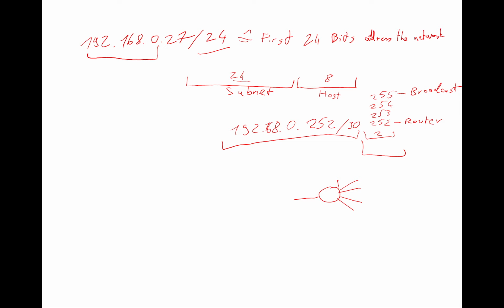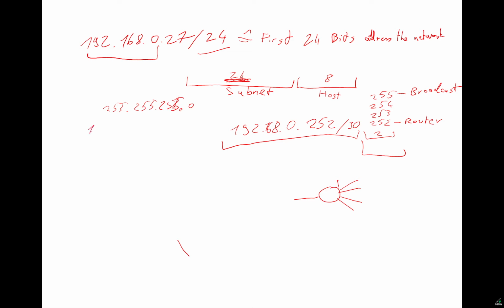Typically, IP addresses are assigned, let's say a country gets a block, for example with a 24-bit subnet. If we have 24 bits representing the subnet address, that can also be written in this form, 255.255.255.0.